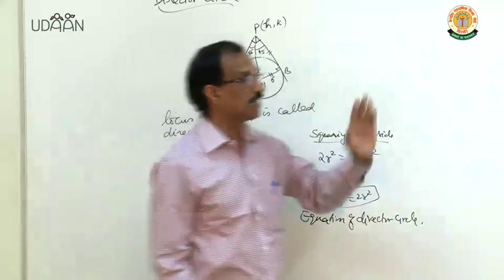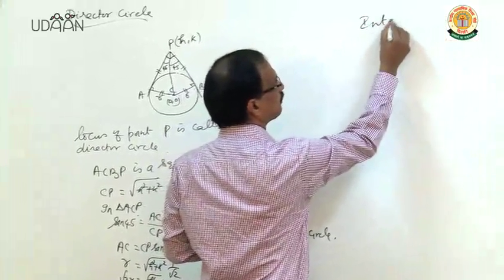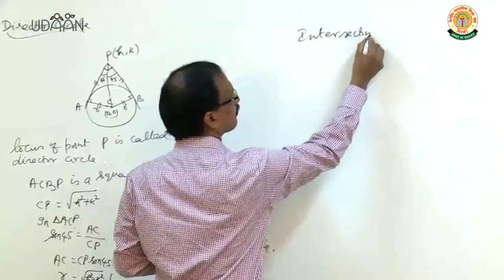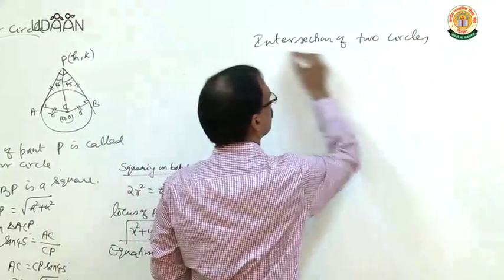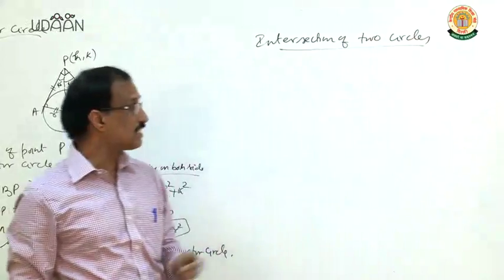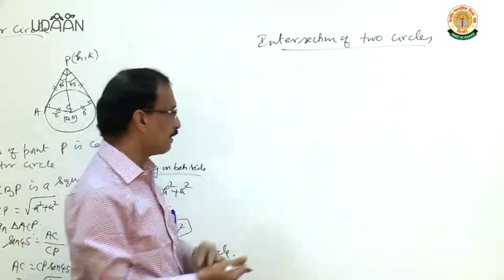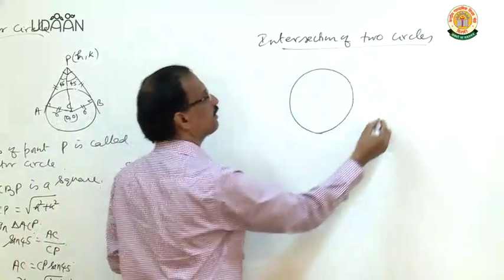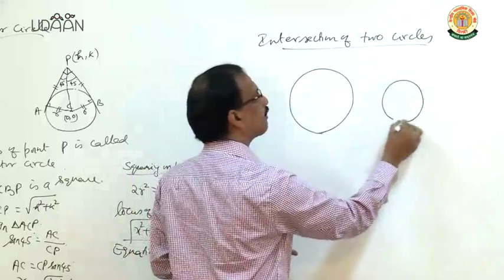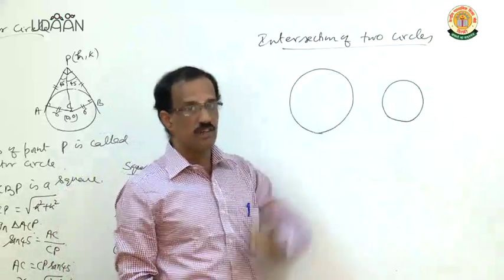Now let us move to the next topic, that is intersection of two circles. Intersection of two circles means there are 3-4 cases we will be having. See the first case: it is a circle and we have another one. Here there is no connection between these two circles.